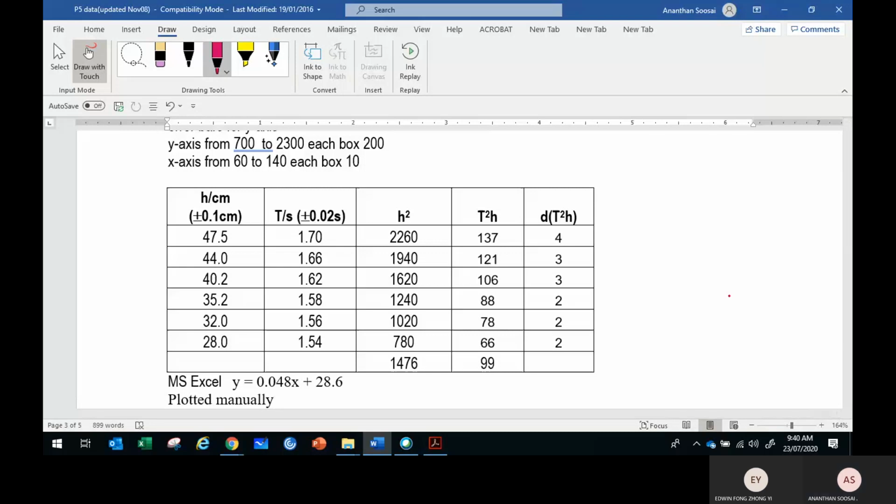Okay, so this question is going to be homework. The remaining you do as homework. Take down the scale you have to use. You plot h squared versus t squared h, right? What graph do they want to plot? Let me check the question first.